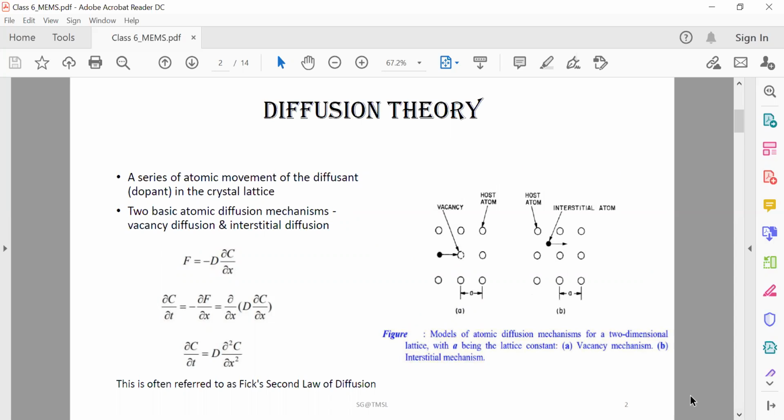Diffusion in a semiconductor can be envisaged as a series of atomic movements of the diffusing dopant in the crystal lattice. Here are two pictures which illustrate the two basic atomic diffusion mechanisms: one is the vacancy diffusion and another is the interstitial diffusion mechanism.